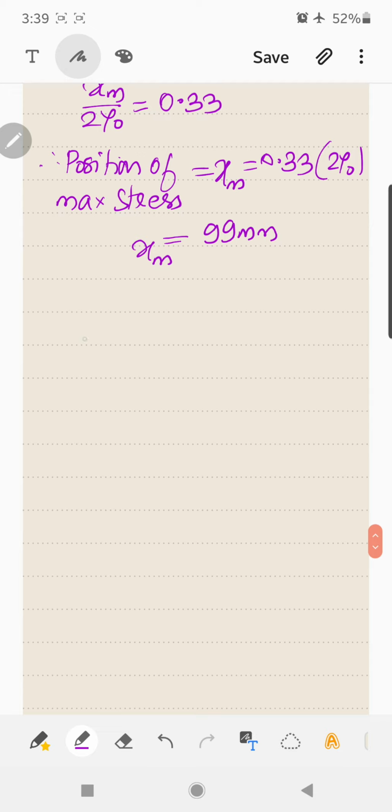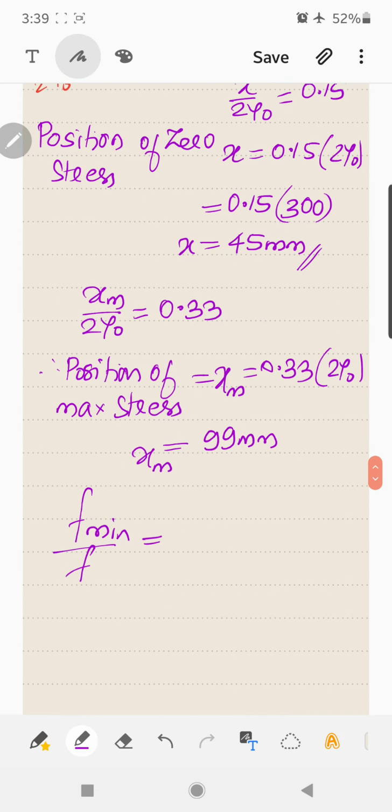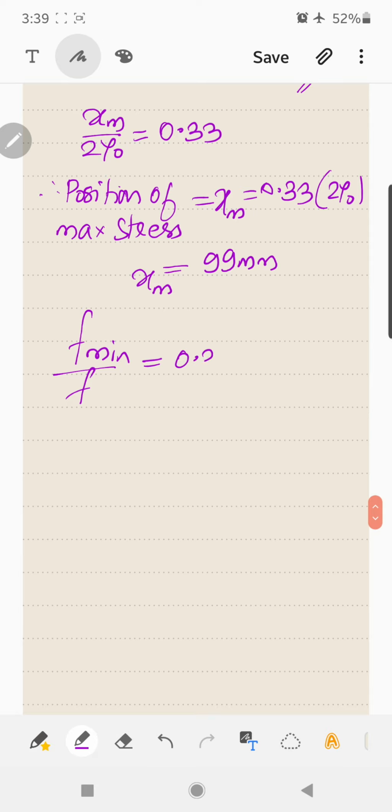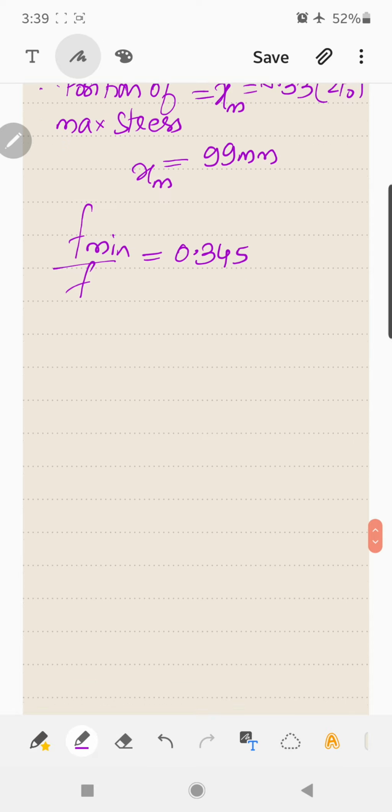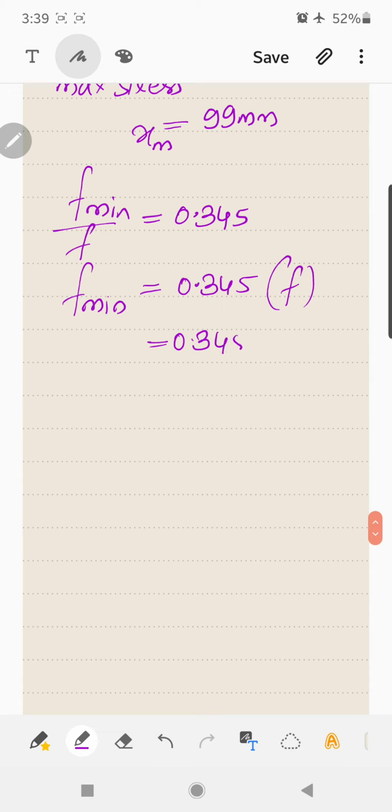Now lastly, the f minimum by f value, as per the interpolation, is 0.345. Therefore the principal tensile stress f minimum is 0.345 into f, and f is p by a.